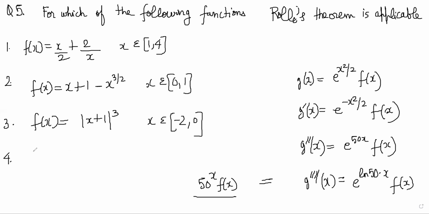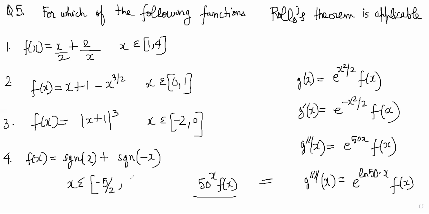And the fourth one is f of x is equal to signum function of x plus signum function of minus x, where x belongs to minus 5 by 2 to 1 by 2.